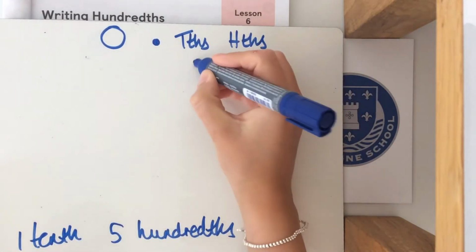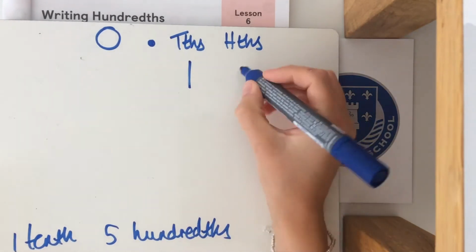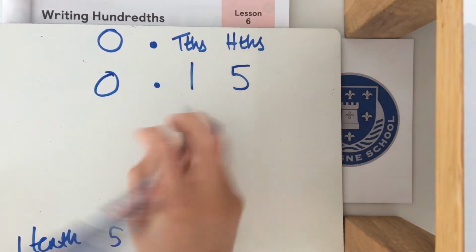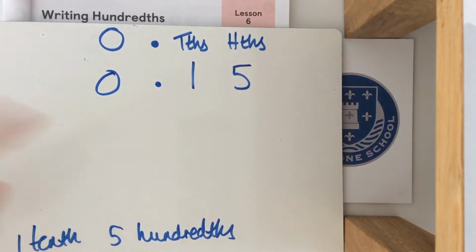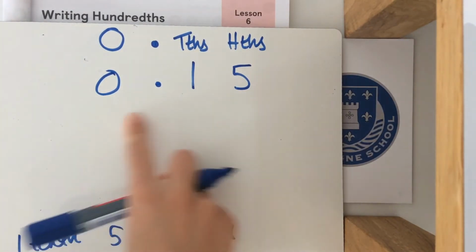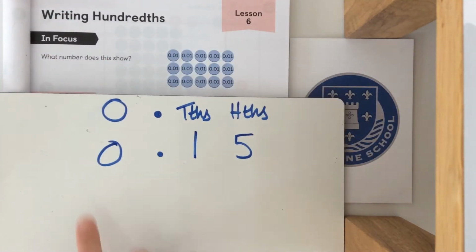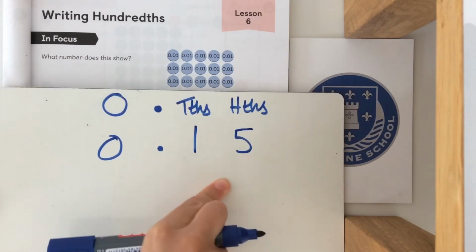My 1/10 goes in the tenths column and my 5 hundredths go in the hundredths column. Okay, and then we have to fill in our placeholder there because we've got 0 ones. So that is how we write the 15 hundredths as a decimal.